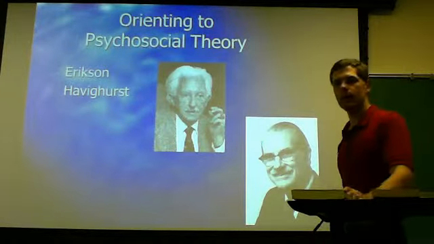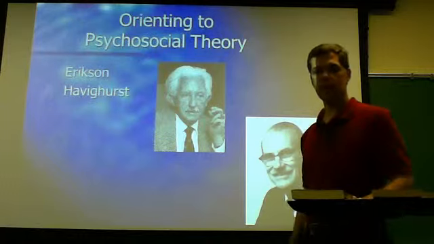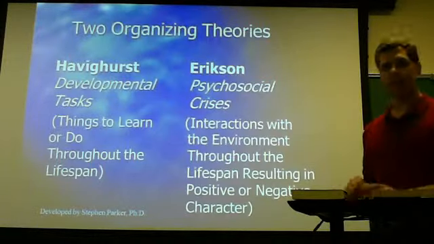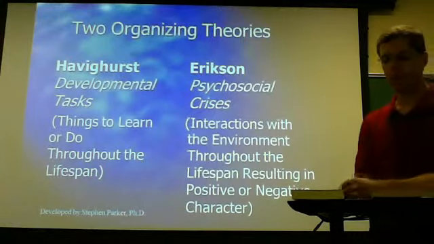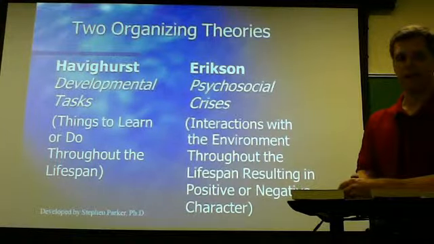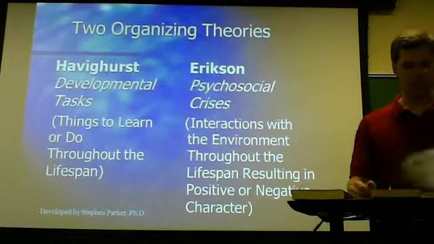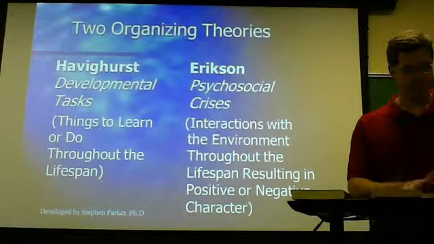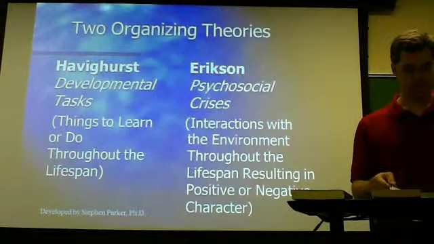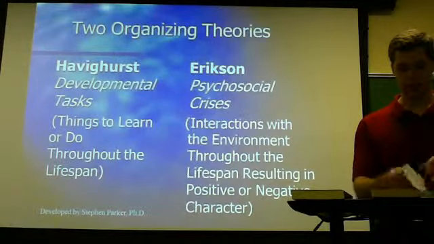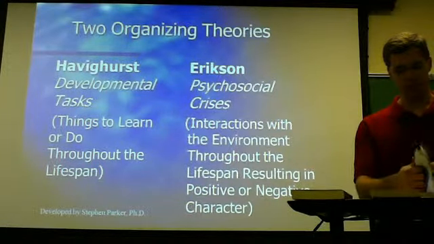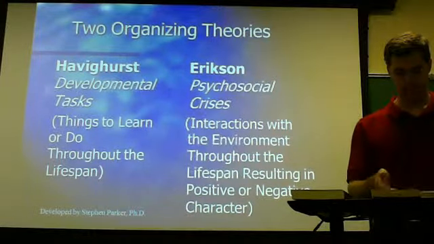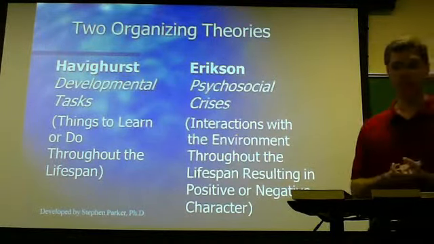So let's talk a little bit about psychosocial theory and Erikson and Havighurst. Okay? Havighurst came up with what was known as the developmental task theory. And you can find a good listing of this in your book on page 69, table 3.1.